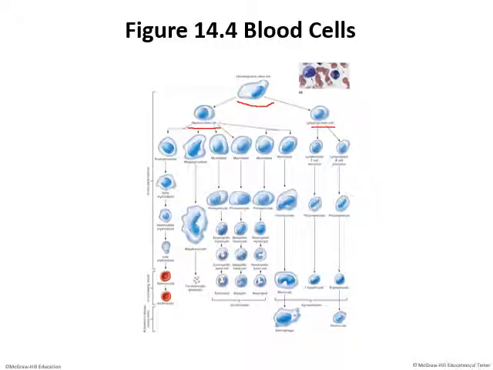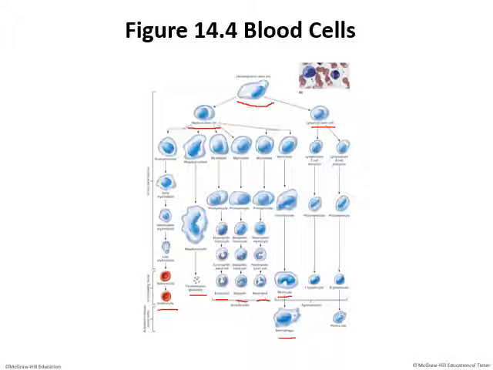So myeloid stem cells are going to be able to create erythrocytes, which are your red blood cells, thrombocytes, which are your platelets, your eosinophils, basophils, and neutrophils, which are three of your white blood cells. It can also create monocytes, and when monocytes leave the blood and enter the tissue, we know them as macrophages.